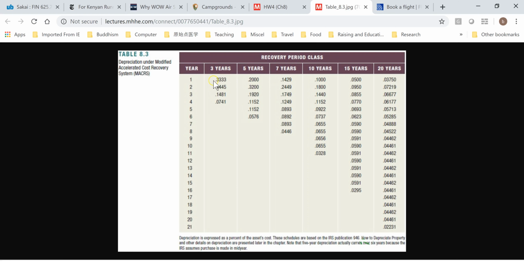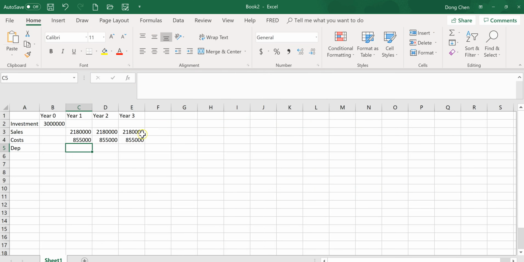The first year, it's 0.3333. So we can use this initial investment. Since I gave a name for this cell, when I click on it, Excel will put the variable name rather than the cell number. So times 0.3333. That's the first year's depreciation.